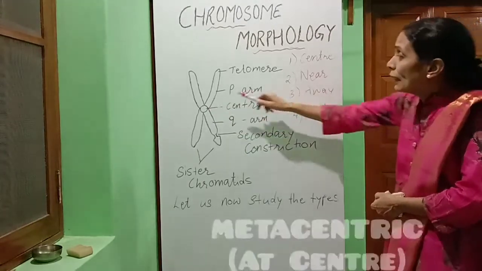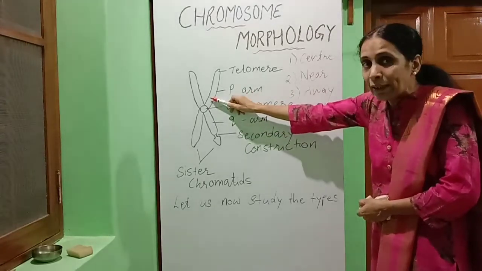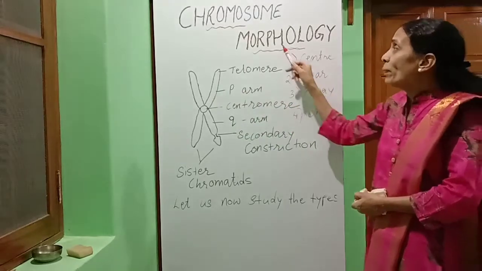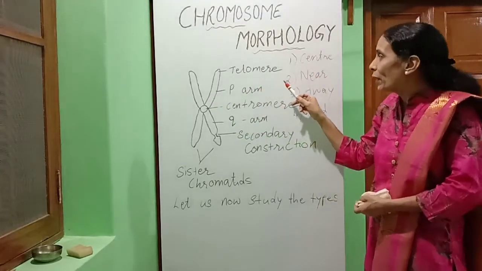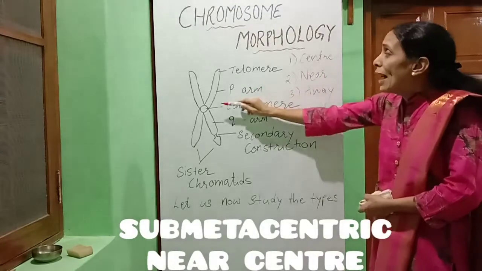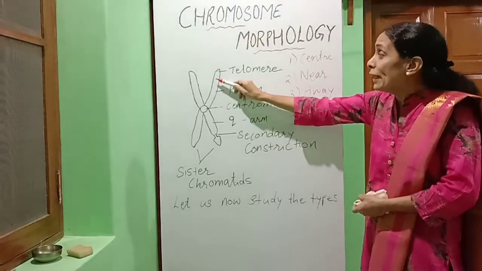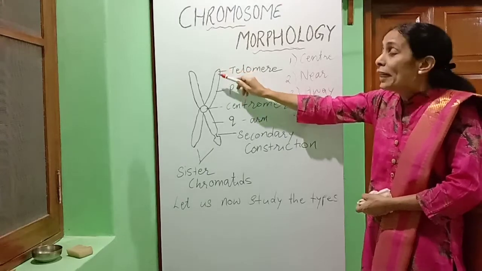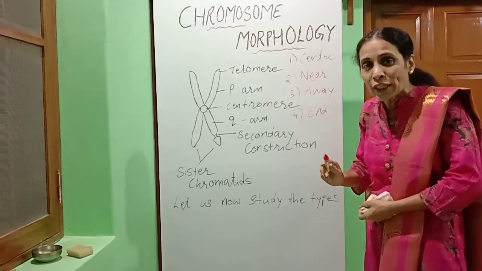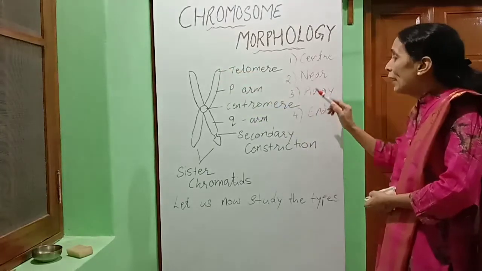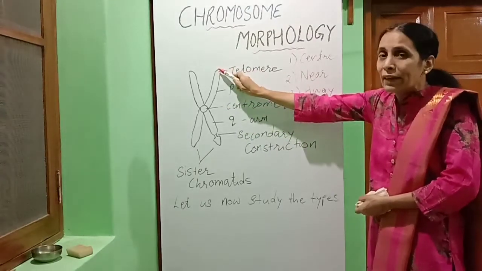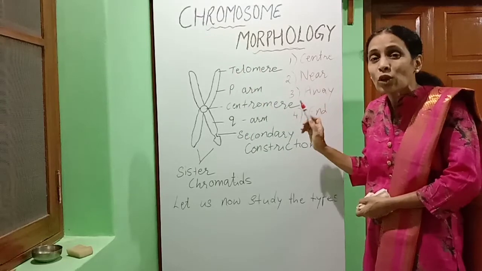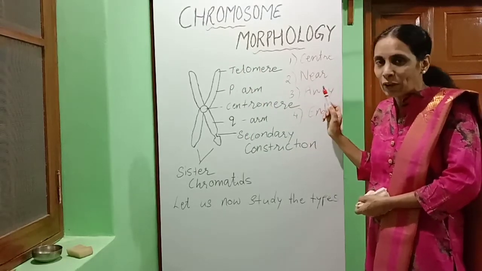If it is somewhere near the center, the chromosome is called submetacentric. If it is away and near the end, it is called acrocentric. While if the centromere is at the end, then the chromosome is called telocentric.